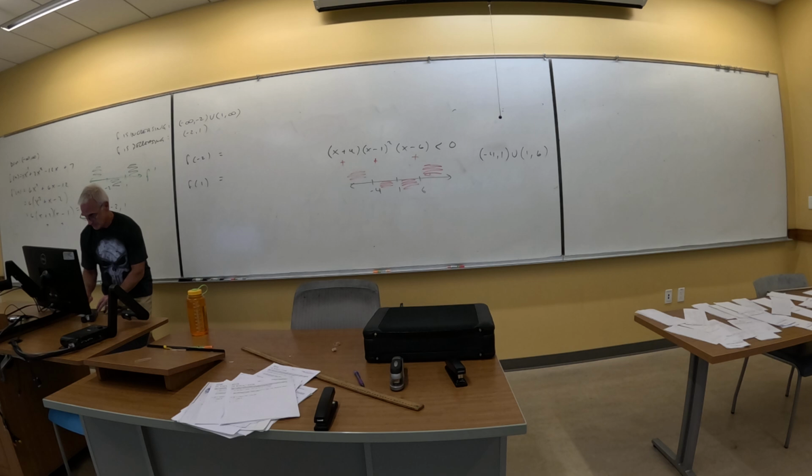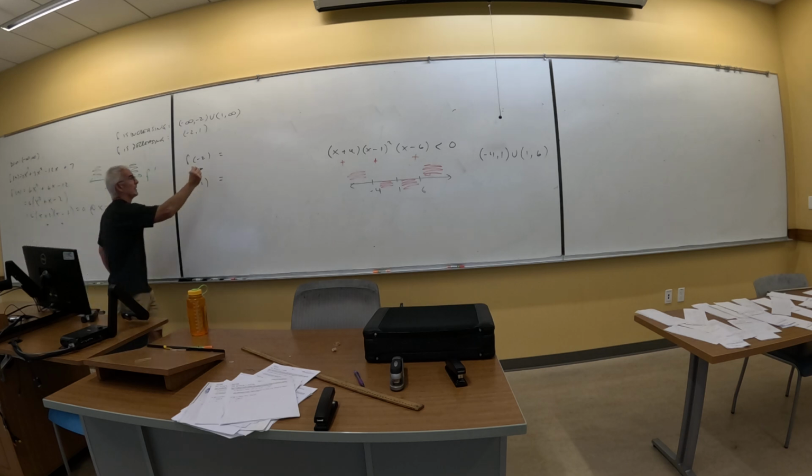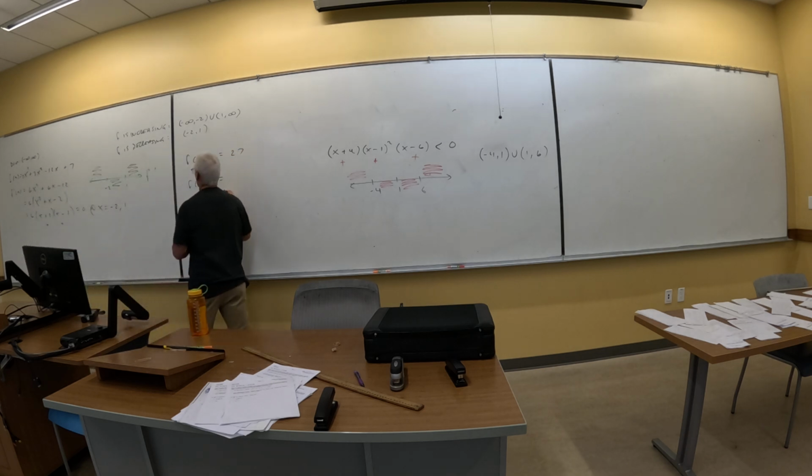This is giving me issues. There we go. I'm going to bring this up on Desmos in just a second. Okay. All right, so what's the value here? 27. 27, and what's the value here? 0.